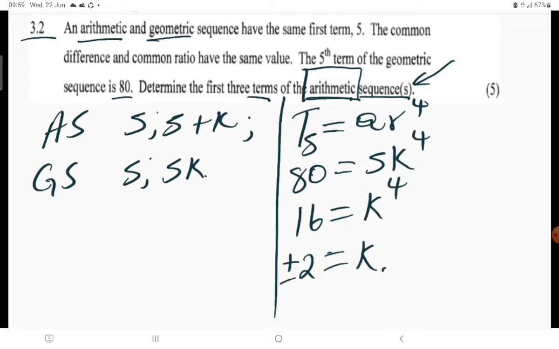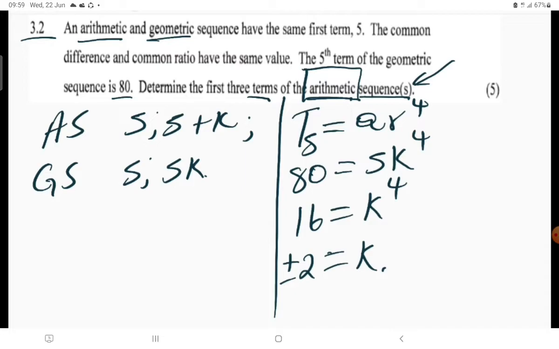They say we might have more than one arithmetic sequence, so we need to take note of things. We need not throw other things away because we did not understand the condition. The condition says determine the first three terms of the arithmetic sequence or sequences.